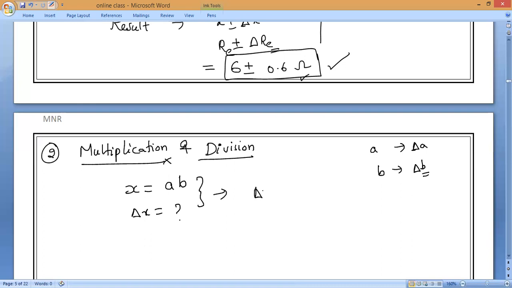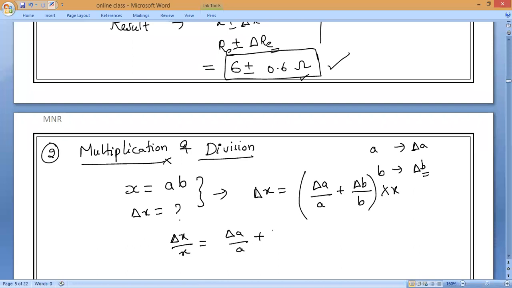Now we are going with delta x in multiplication. Let us see how to find delta x. Delta x is equal to delta a divided by a plus delta b divided by b, into x. That is for multiplication or division. Or else directly I can write it like this: delta x by x is equal to delta a by a plus delta b by b.